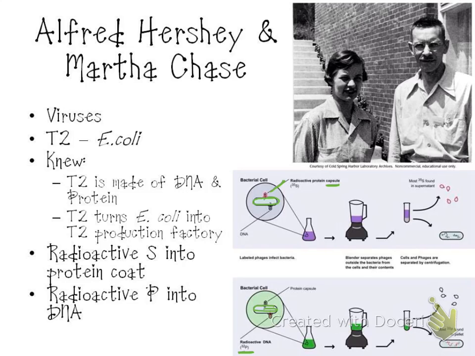Let them grow in culture, and then pretty much blended it up to separate all the cellular components, and they found most of the sulfur outside the cells, but they found the phosphorus inside the cells. So only DNA actually enters E. coli during an infection, and therefore DNA is the transforming agent again.